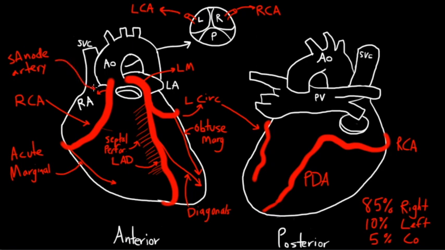So we'll put it right there. Blood supply to the SA node, usually about 60% of the time, comes off the RCA, and about 40% of the time it comes off the left coronary artery. But it sits right there.